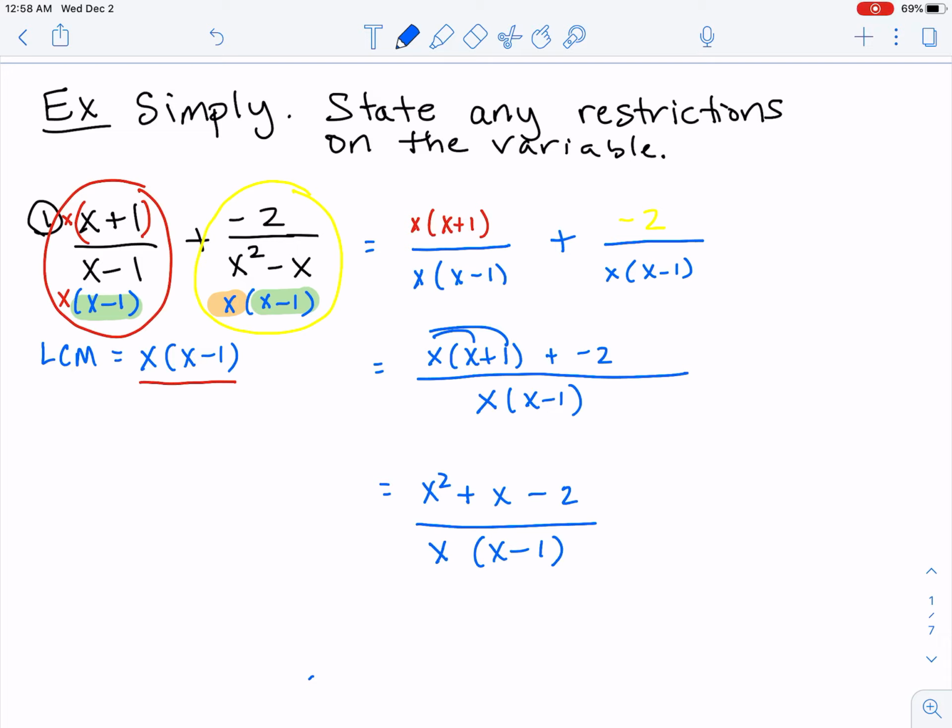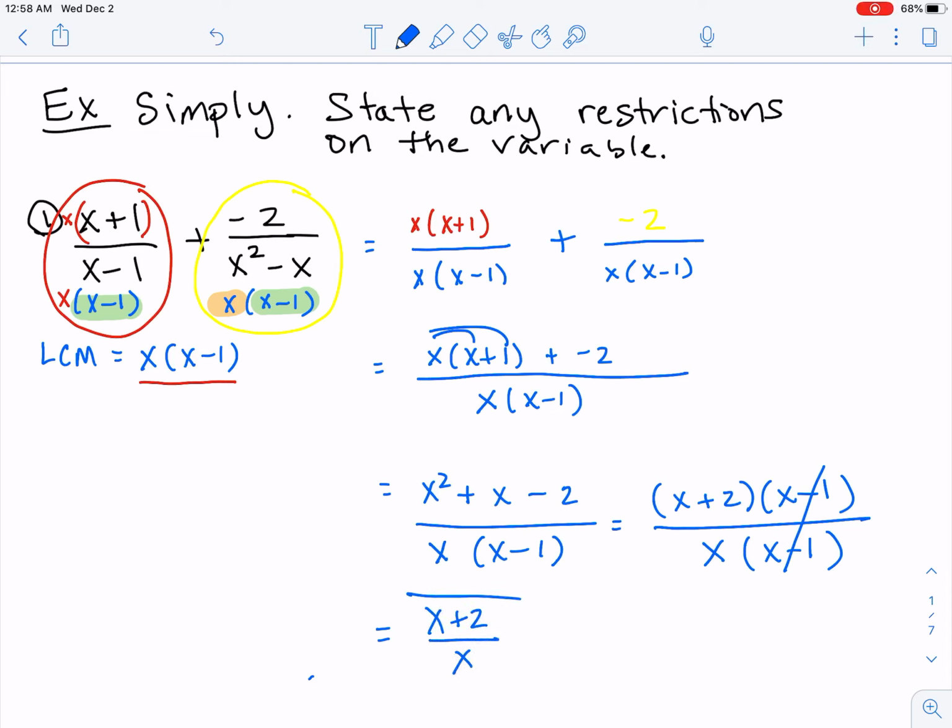So let's see here. That is going to factor into x plus 2, x minus 1, all over x minus 1. All right, so now you're going to simplify the expression by dividing out any common factors that they have. They each have an x minus 1. That x minus 1 cancels. This simplifies to x plus 2 over x.